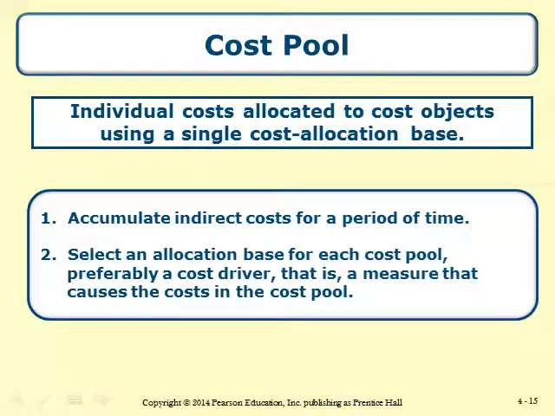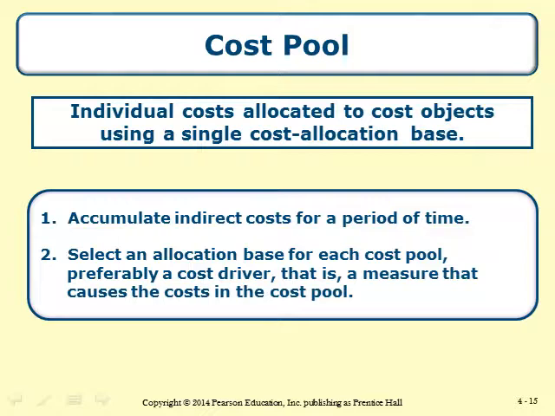And so a cost pool is a group of individual costs that a company allocates to cost objectives using a single cost allocation base. And the way to do that is to accumulate indirect costs for a period of time. We select an allocation base for each cost pool, which should represent a cost driver, that is, this base has some causal relationship to the pool of cost.